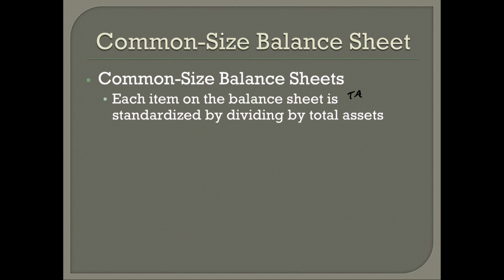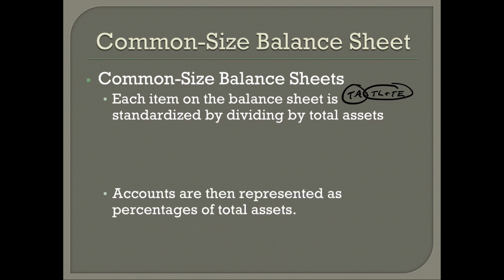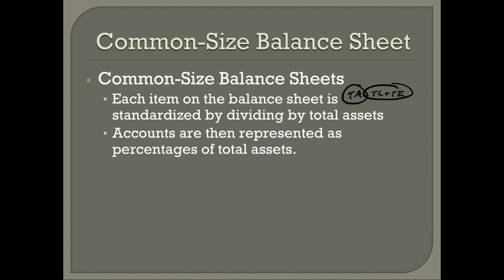Remember, the balance sheet identity says that total assets equals total liabilities plus total stockholders' equity. We take everything on the left-hand side and divide it by total assets, and since the right-hand side equals the same thing, we take the entire right-hand side and divide it by total assets as well. So now all of the account values are represented as a percentage of total assets. We no longer have actual numeric values. Now we have percentages of total assets.